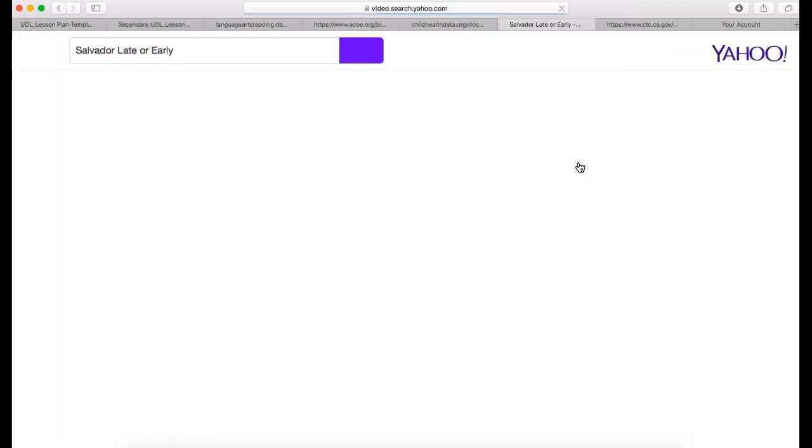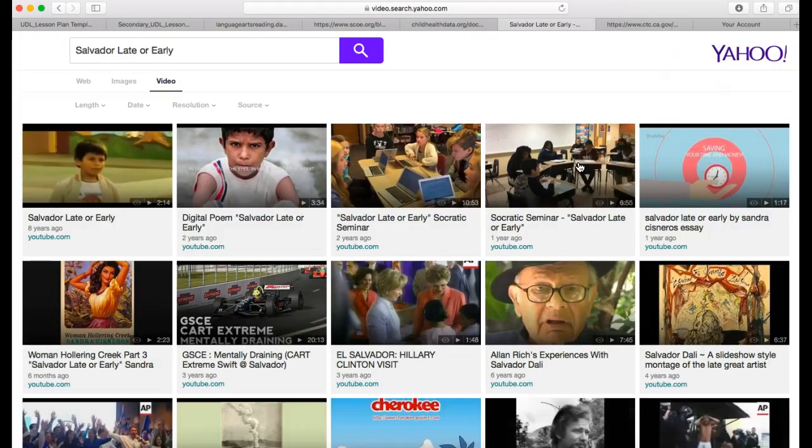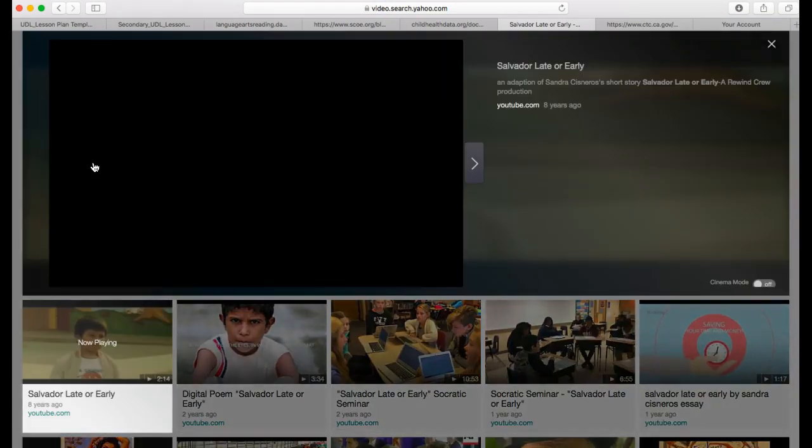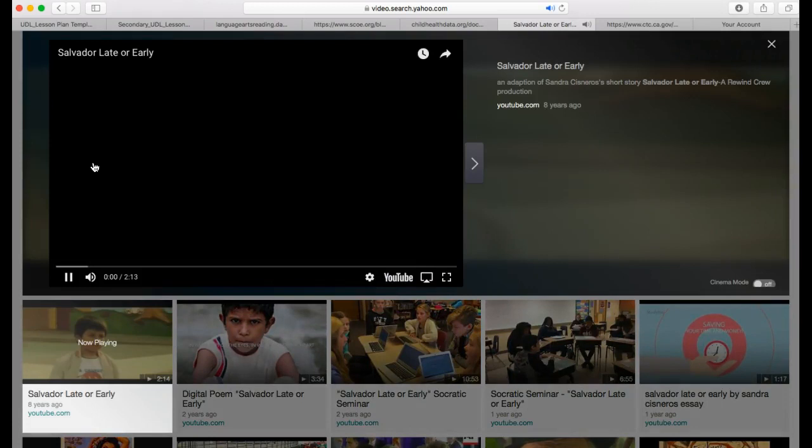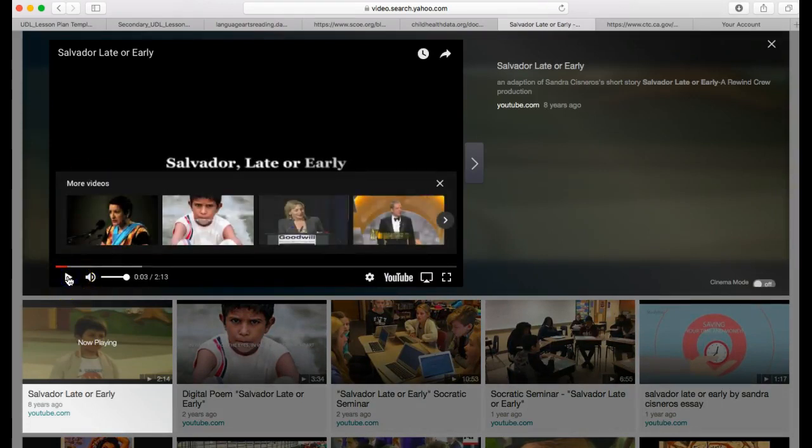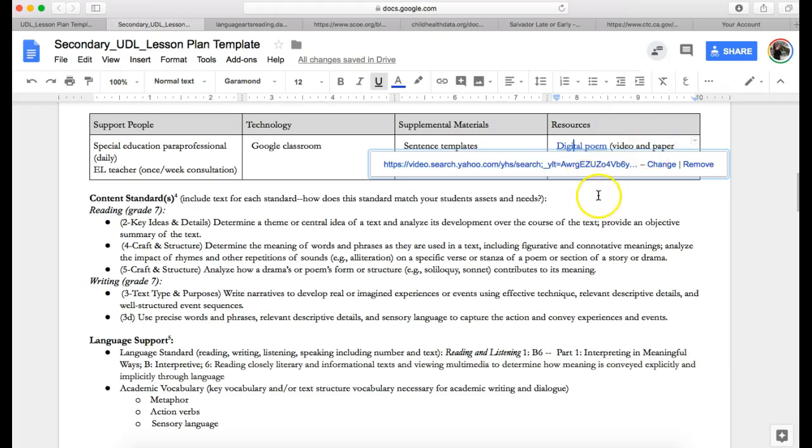And then we have access to a digital poem called Salvador Late or Early. That gives music. It actually has the print and pictures, so the student is really able to engage with the poetry on a different level rather than just looking at paper with writing on it.